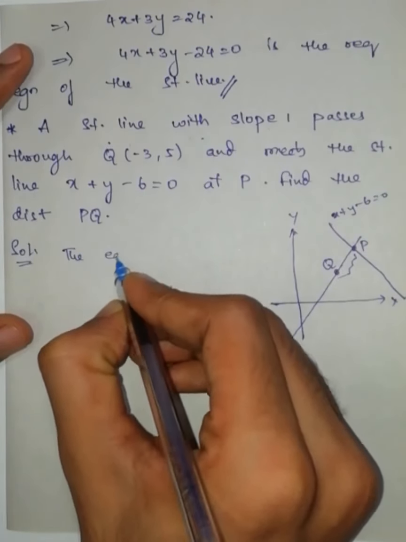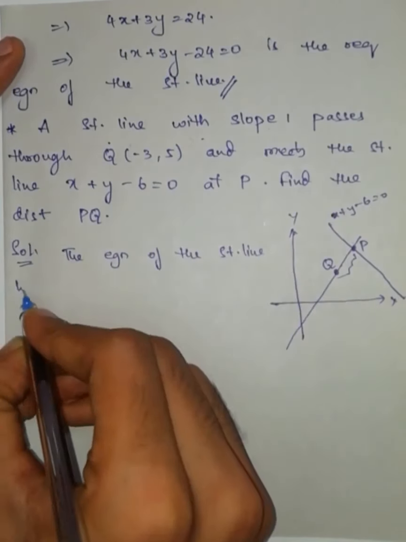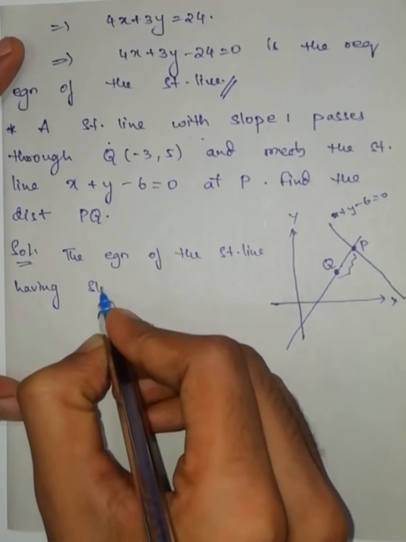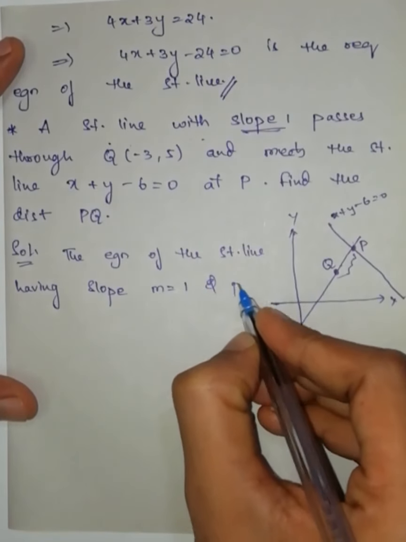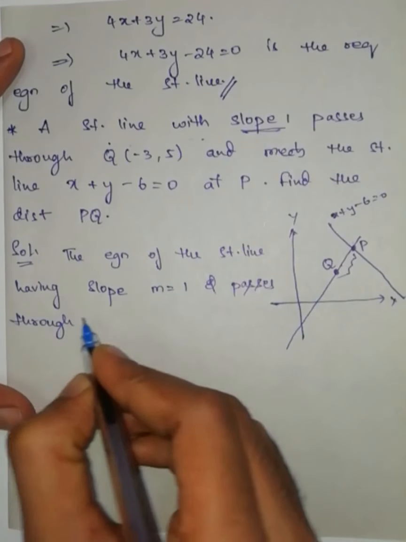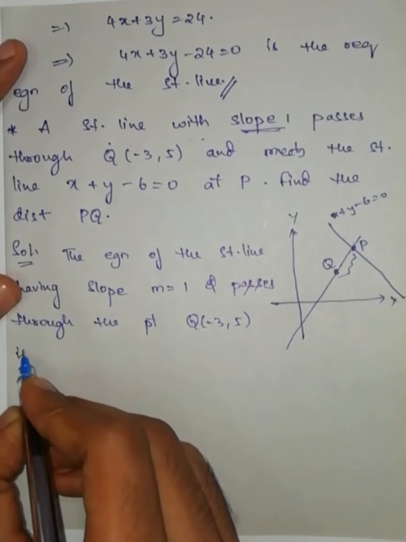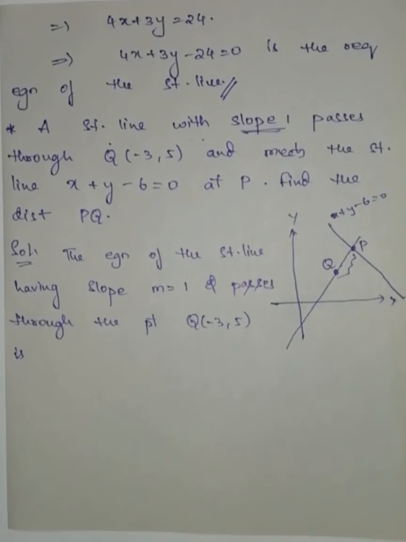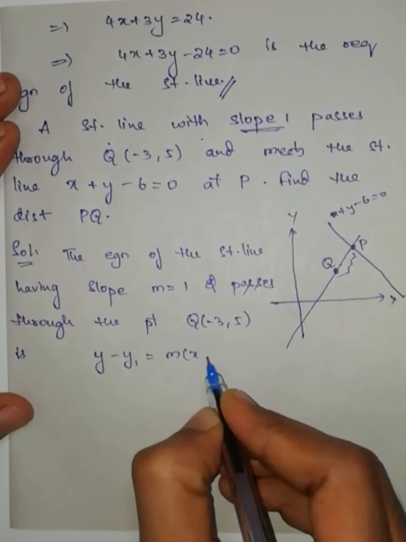Now, what is the given? The equation of the straight line having slope m is equal to 1, that is given, and passes through the point Q of minus 3 comma 5, is the equation of a straight line having slope m and passes through the point P of x1 comma y1, that is the point slope form, that is y minus y1 is equal to m into x minus x1.